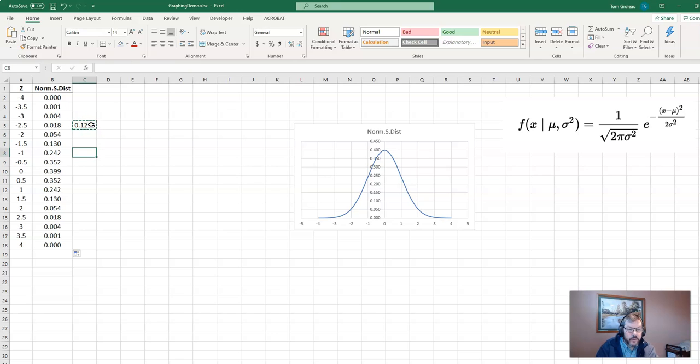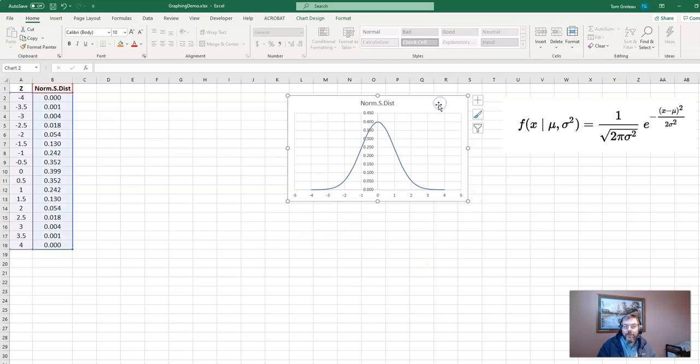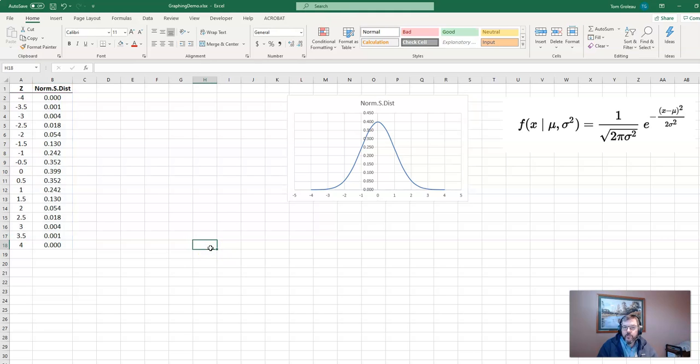This was here, I believe. Oops. We'll get this out of the way because it's not really doing us any good anymore. Notice the curve smoothed out a little bit. It's a much better looking graph, but it's still not interactive. This is still the standard normal.